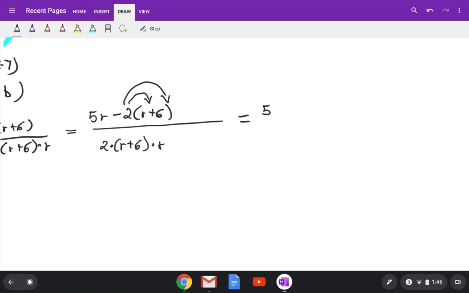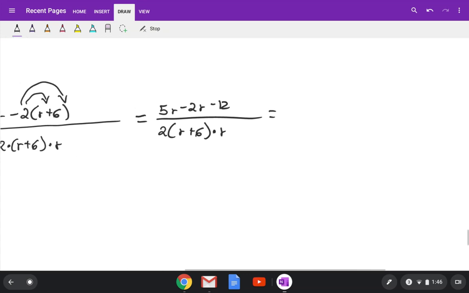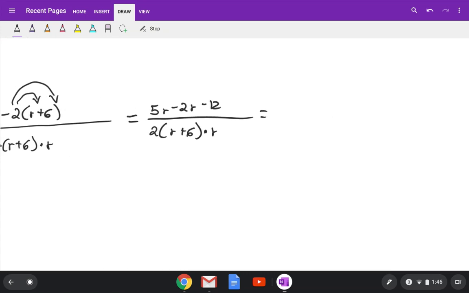So that will give you 5r minus 2r minus 12 over 2 times r plus 6 times r. And that will give us 5r minus 2r, which is the same as 3r minus 12 over 2 times r plus 6 times r.